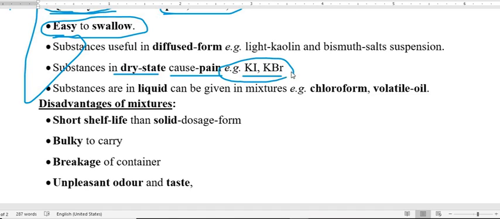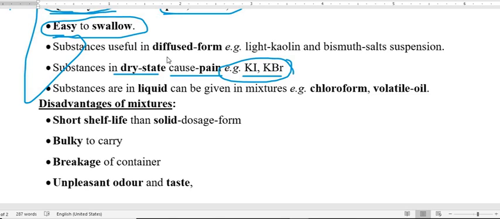Potassium iodide and potassium bromide usually produce pain in dry form, so we have to use them in liquid form, like in a mixture.